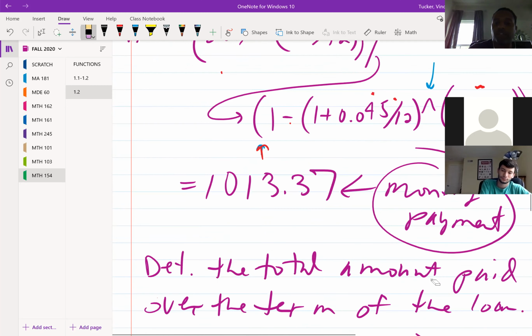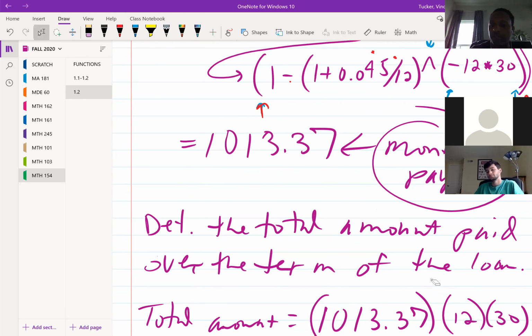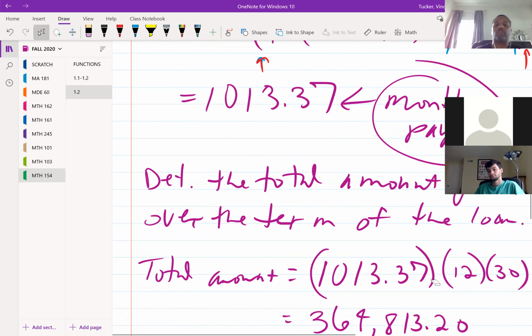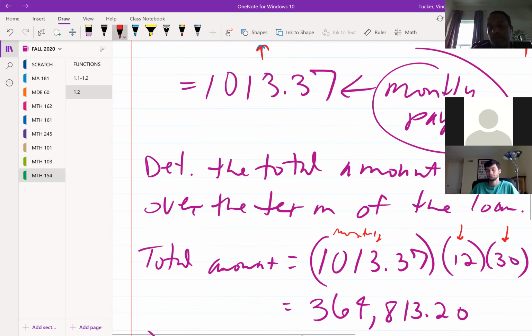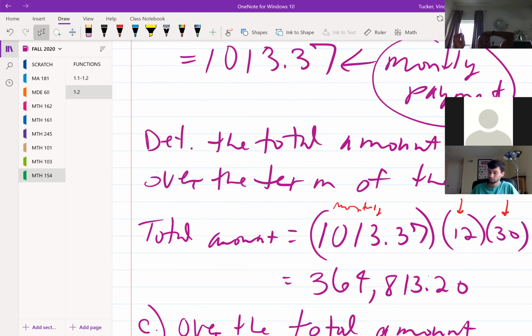All right. So B: determine the amount paid over the term of the loan. B was to determine the amount that you will actually pay over the term of the loan. So the way this is set up, you're going to take your monthly payment and multiply it by 12, and that is going to happen for 30 years.